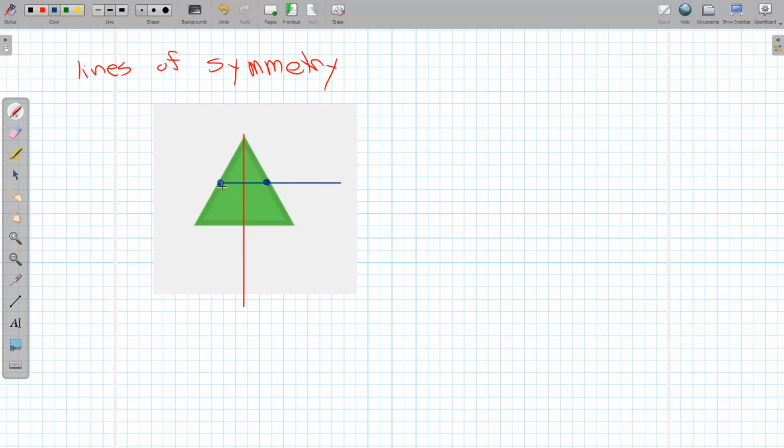And without some other tools to measure at the moment, I'm just going to look at this and say, well, that looks like a right angle right there. And this distance right here looks like it matches that distance right there. So this looks like a line of symmetry. That one right there.